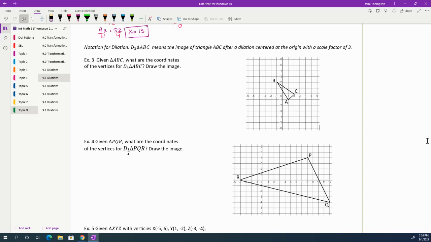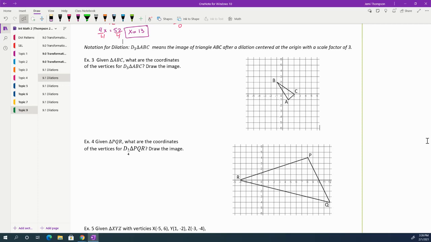Read that to yourself again. So D, capital D, means a dilation. Subscript 3 means I have a scale factor of 3. Because there's no other information in my subscript, that means it's a dilation at the origin.